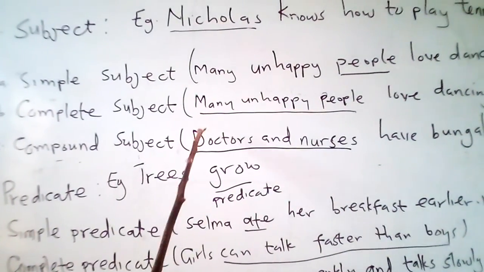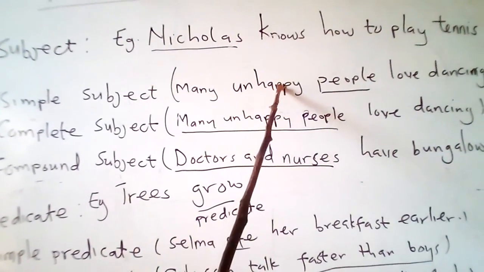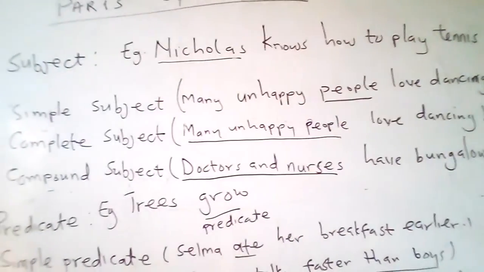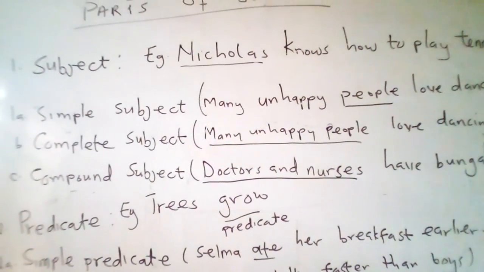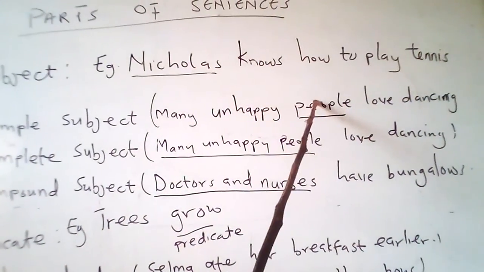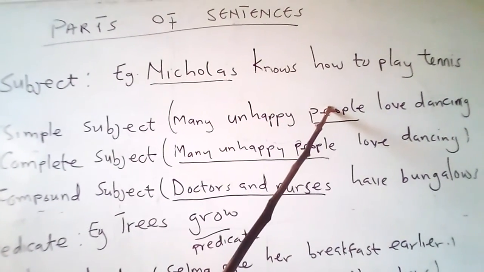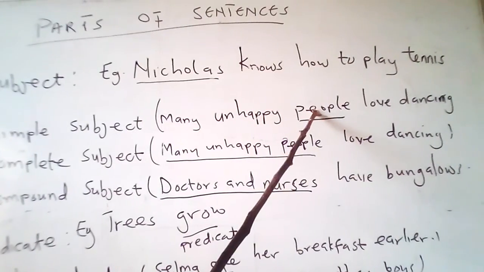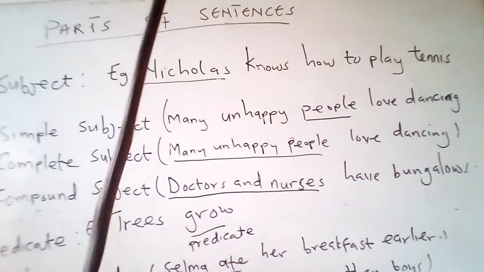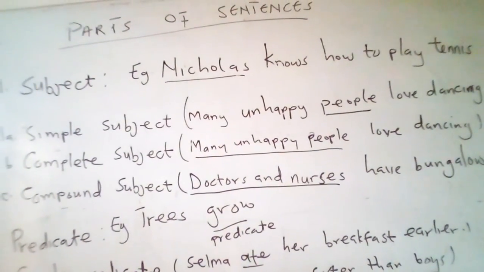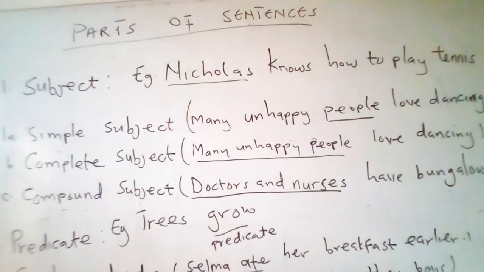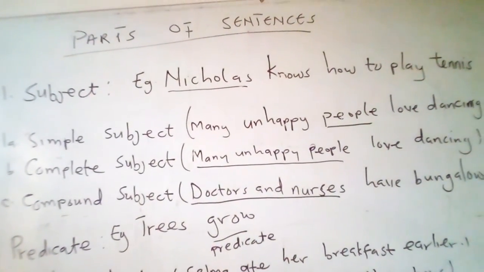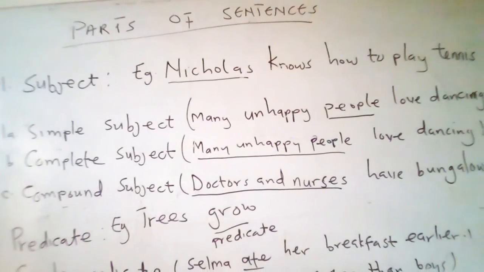Example: many unhappy people love dancing. The word people here is the simple subject, or the main subject. The main subject, people, is usually in a noun form and represents the principal word in the phrase that represents the subject of the sentence.